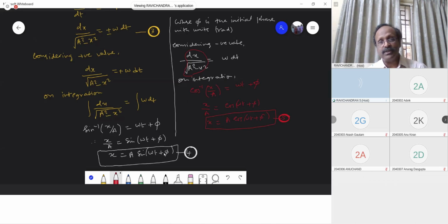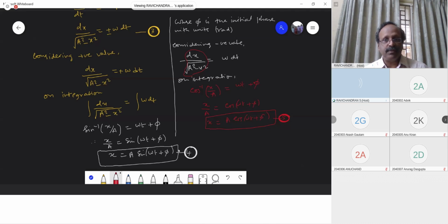So the preferred equation for you is this. I'll come to that one slightly later. Because the angle between the cos and sine varies by 90 degrees, sine of theta plus 90, I'll be able to get cos. So it varies by 90 degrees here.